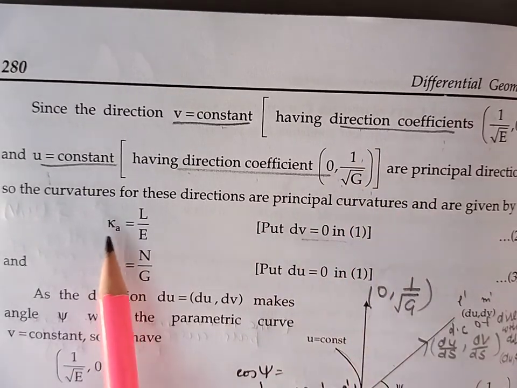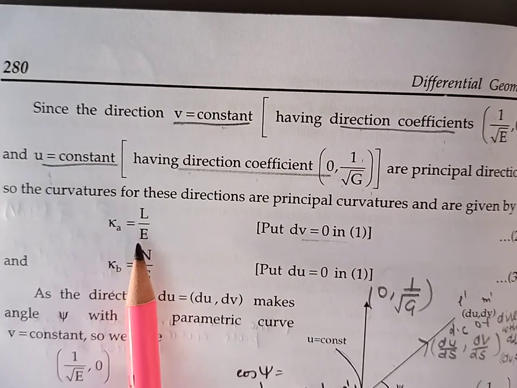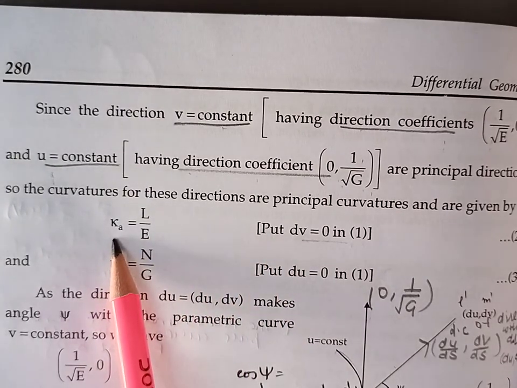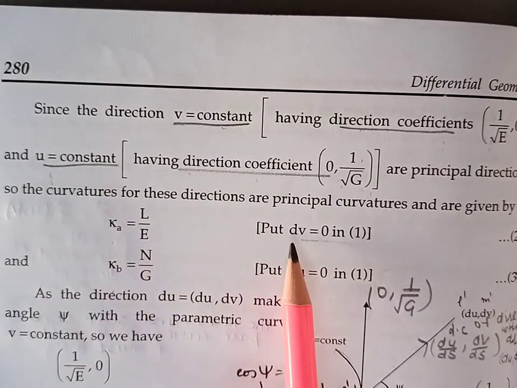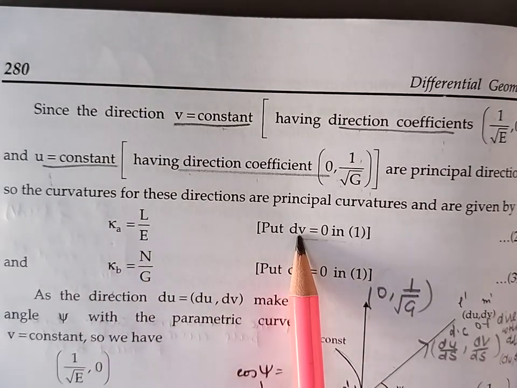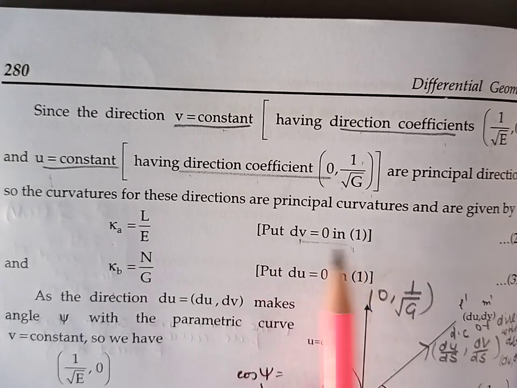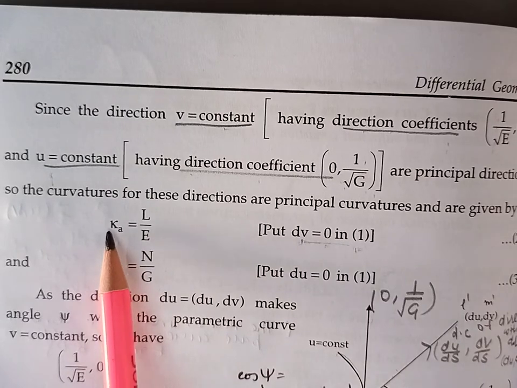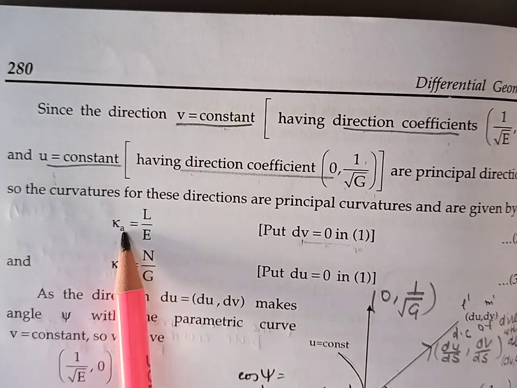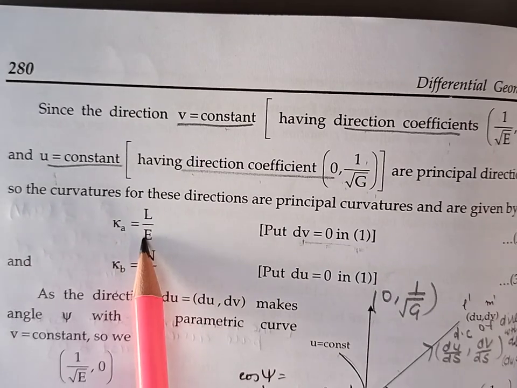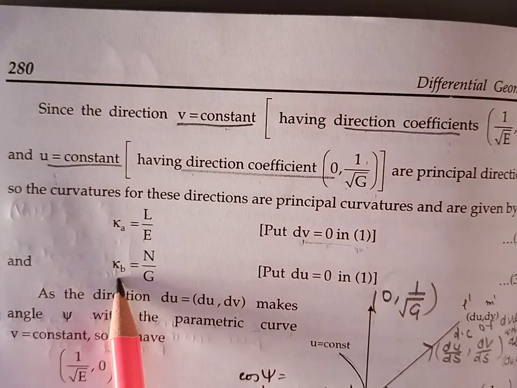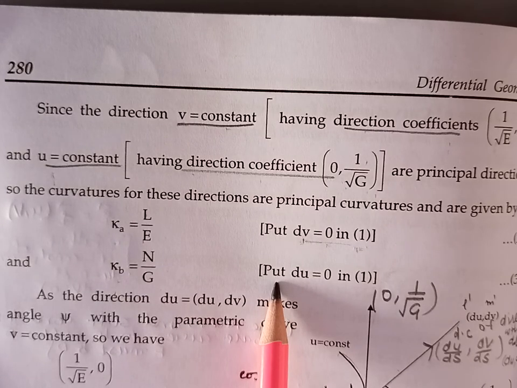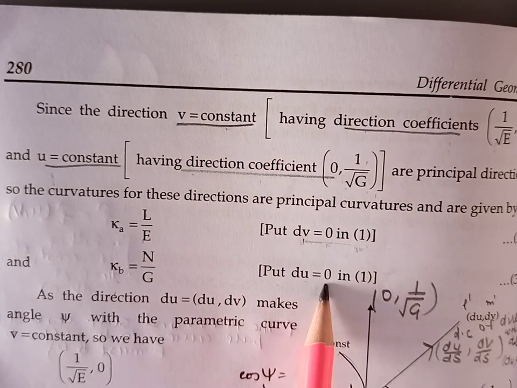Now, let us find the values of κa and κb. κa is the principal curvature corresponding to the curve v = constant. So v = constant implies dv = 0. Substituting dv = 0 in equation 1, we get the principal curvature κa given by L/E, and κb is also a principal curvature, which is obtained corresponding to u = constant. It means du = 0.